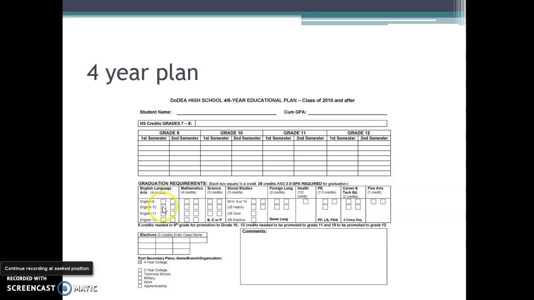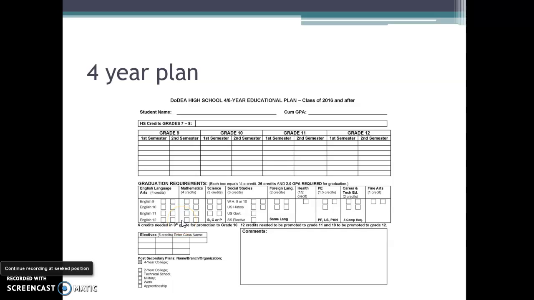And every box equals a semester. And within these categories of requirements for each student, I usually put comments in here in their post-secondary plans. And right now, I am making sure that all the students have all the required credits.